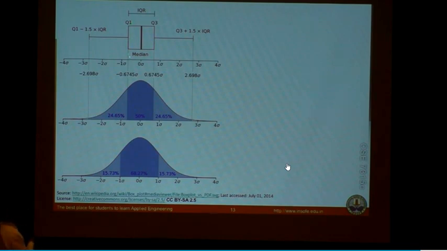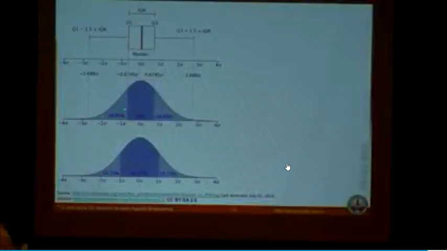So how much data in the middle? 50%. How much data to the left of Q3? So left of this Q3, this area is 75%. If I am right here, this area is 50%. To the left of this, 25%. That's what it is now.